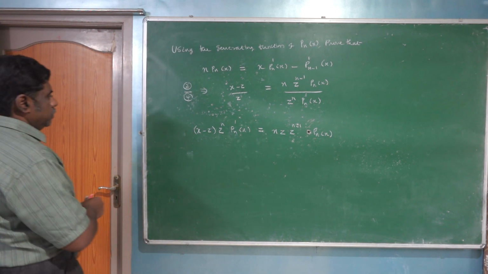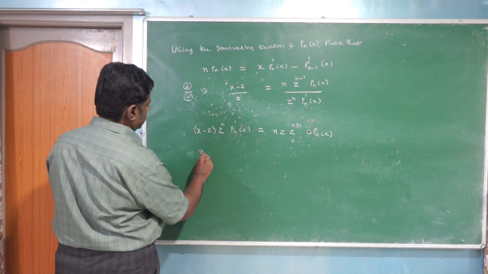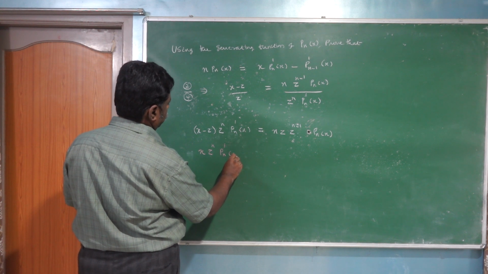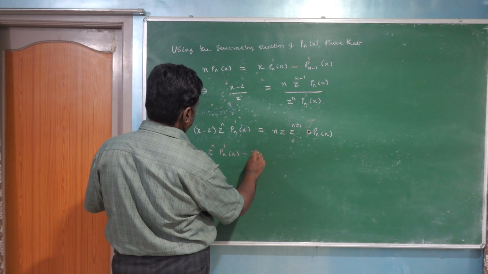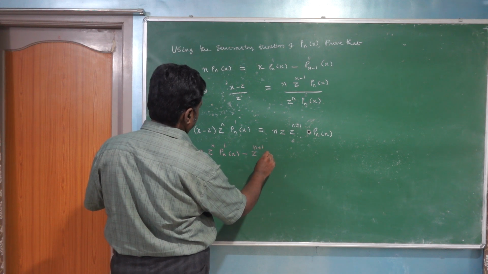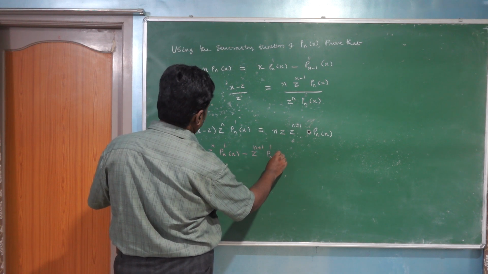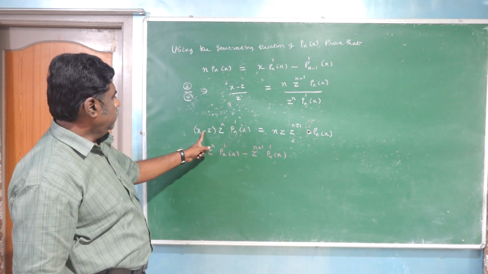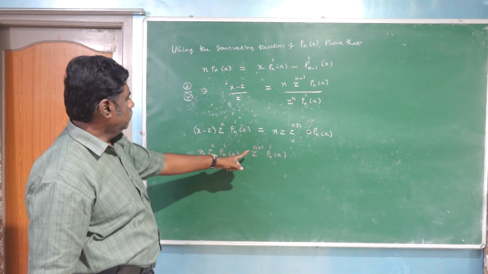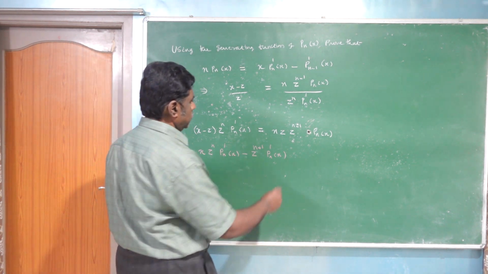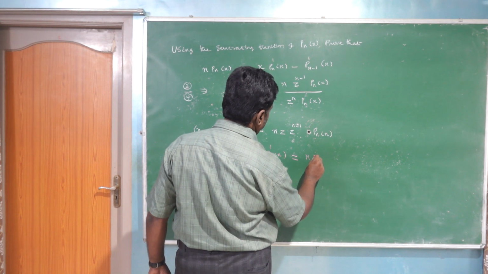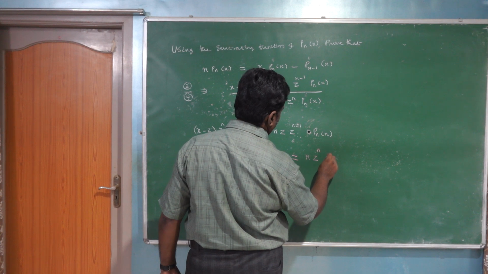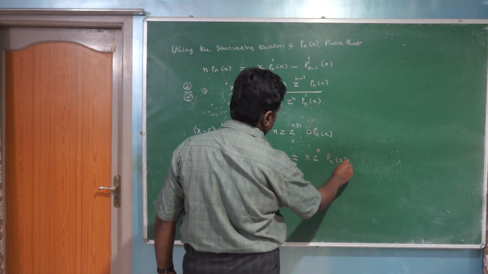This is modified as x z power n Pn dash of x minus z power n plus 1 Pn dash of x, which is equal to n into z power 1 into z power n minus 1, which is z power n Pn of x.